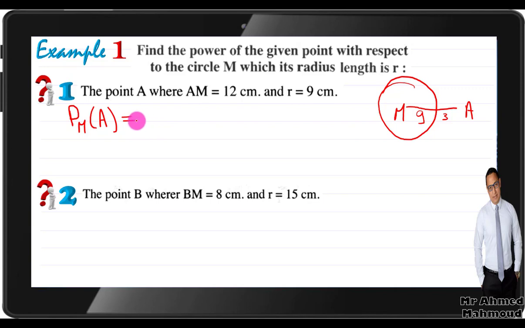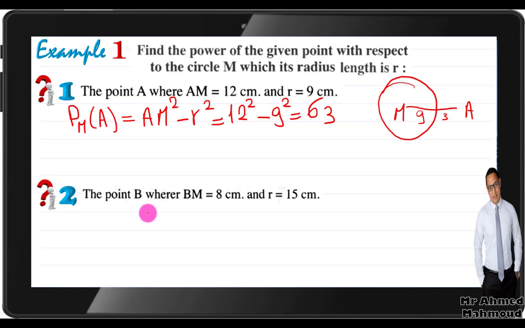PA here equals AM to the power of 2 minus R to the power of 2, which equals 12 squared minus 9 squared. This is equal to 63, and it's clear that PA here is positive and A is outside, and this is clear from the figure.